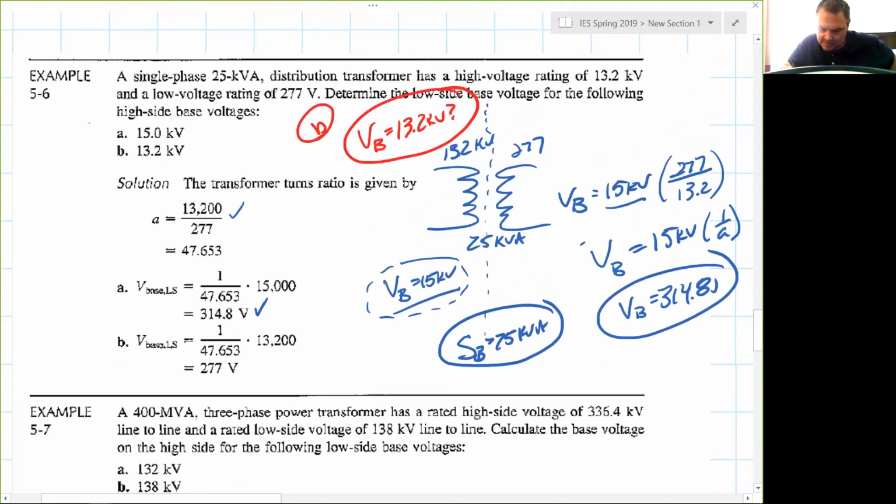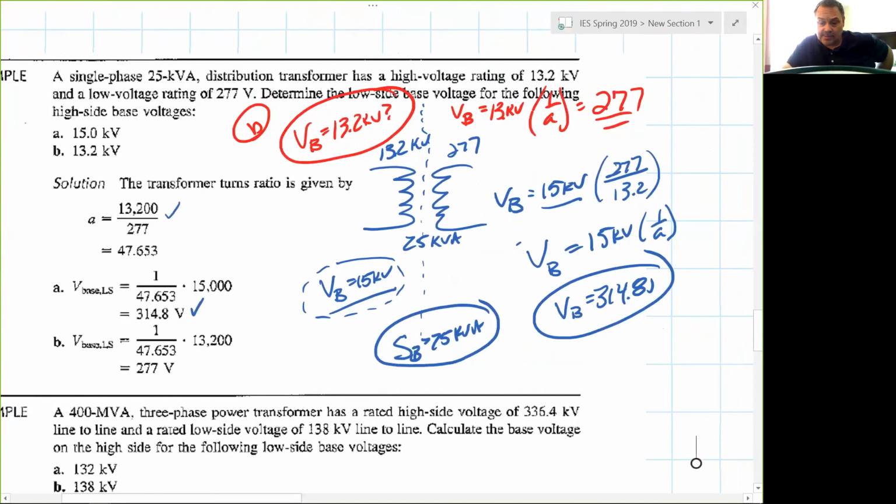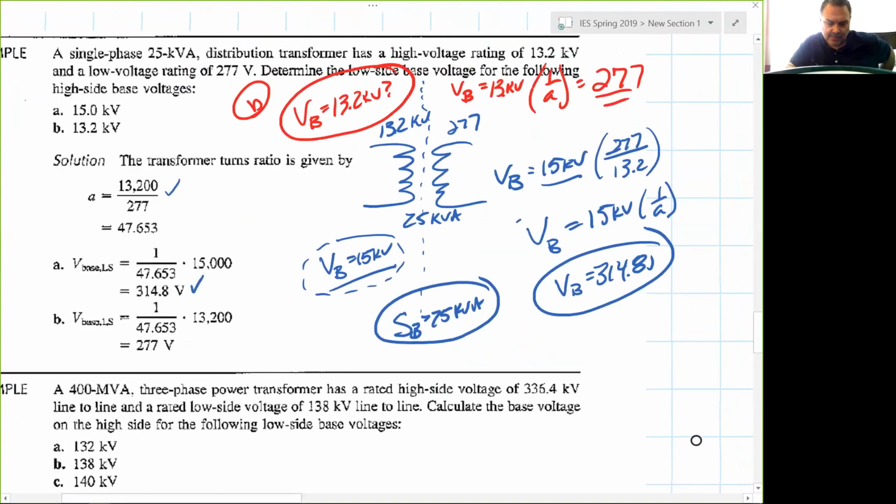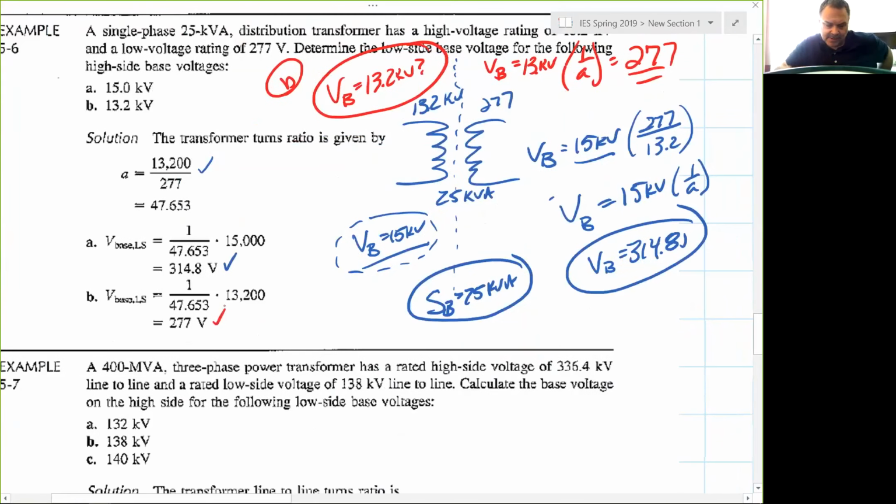Okay, then V base in the low voltage region is 13.2 kV times 1 over A. And lo and behold, you get 277. So if you choose your base ratios to be the same as the turns ratio of your transformer, then you just use the rated voltages on the transformers. And I think that's kind of the point of that exercise.